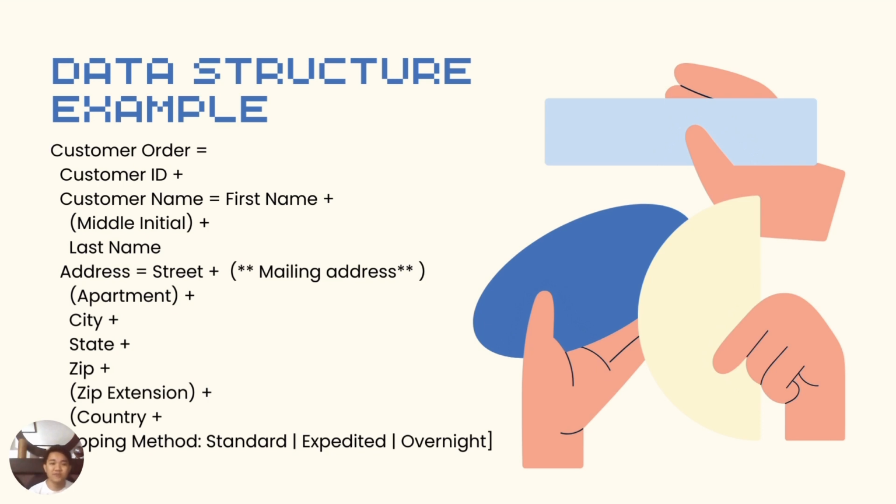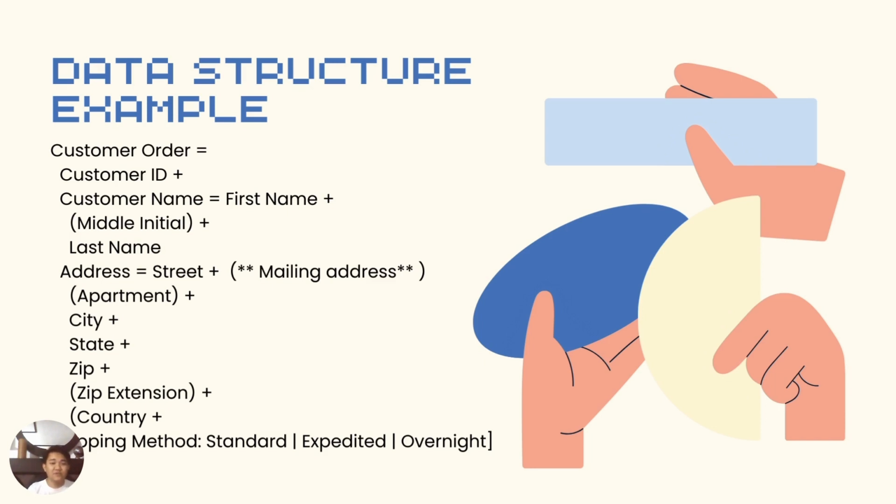In this case, we have customer ID plus customer name, and customer name also has first name plus middle name and last name. A few things you notice here. We have the plus sign. That just means that for customer order, we of course have customer ID and the customer name.